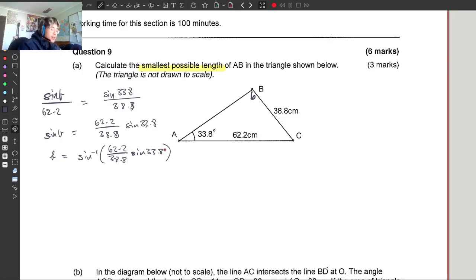So we can calculate this: inverse sine of 62.2 over 38.8 times sine of 33.8. This gives us 63.1.